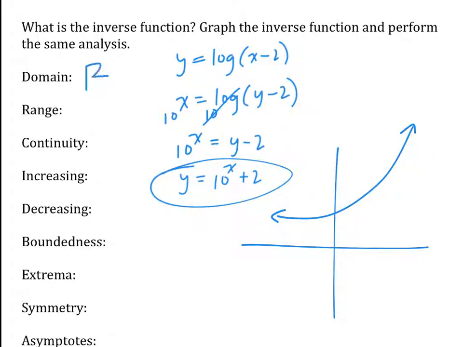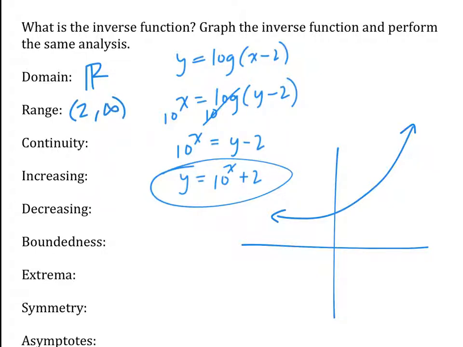Yes, all real numbers. Sally, what is the range? No, it's definitely not all real numbers. Yes, y is greater than 2, or 2 to infinity.